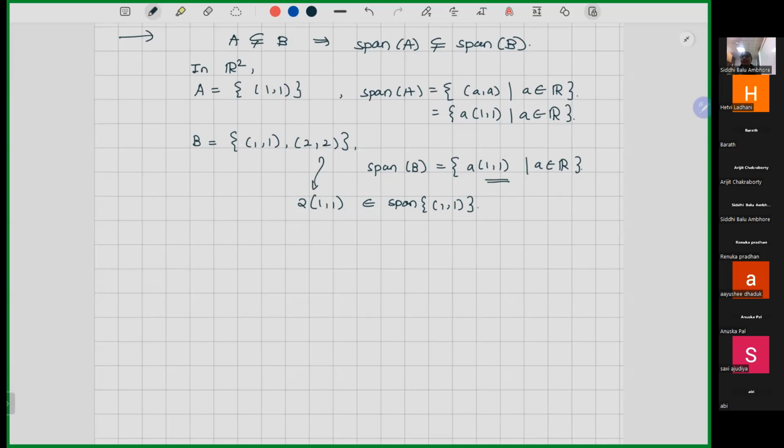Take a few minutes, and if there is any doubt, please write in the comment that you are not able to follow how span of B is this set. Take a moment, think about it. And if you have understood, please also write that yes, you have understood why the span of B is again this set.